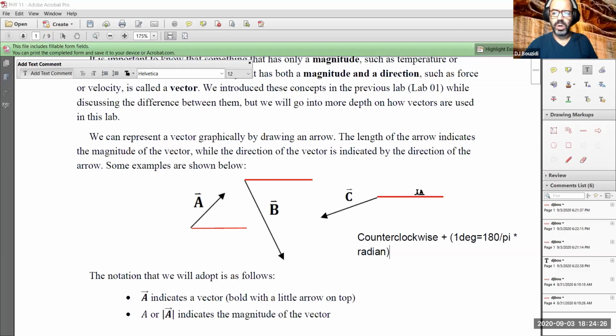So if I go clockwise for the case of C, I'm going to find probably negative 160, for example, or negative 130, for example. If this is 230, this should be negative 130, okay? For a total of 360. So that's basically how this works.